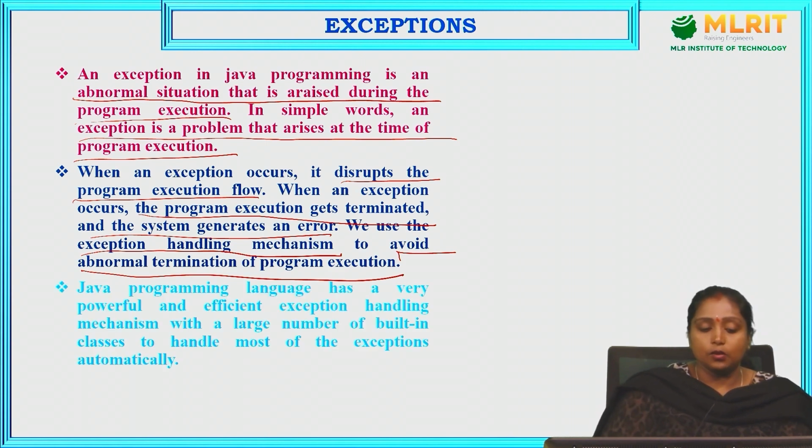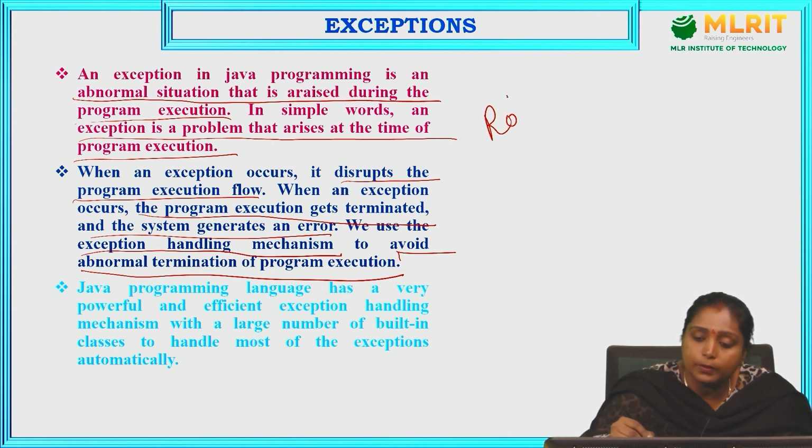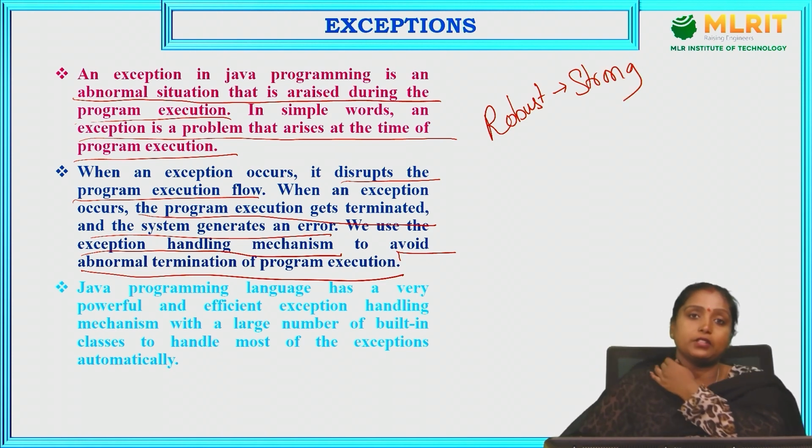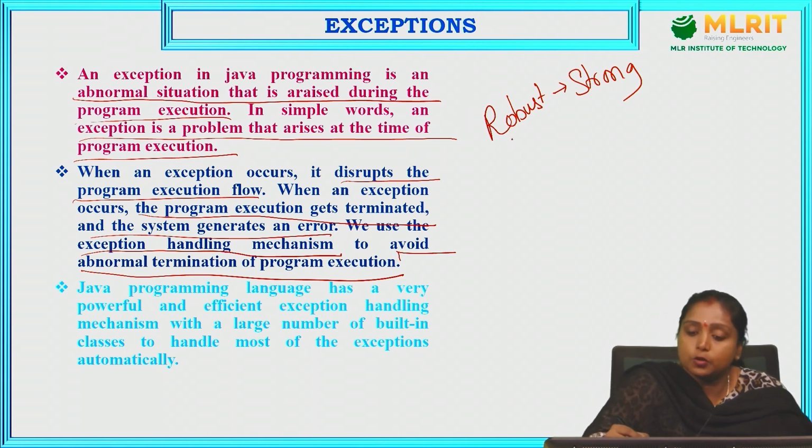Here we can say Java is a robust programming language. What is meant by robust? Strong. Why can you call Java a robust programming language? Due to two reasons.